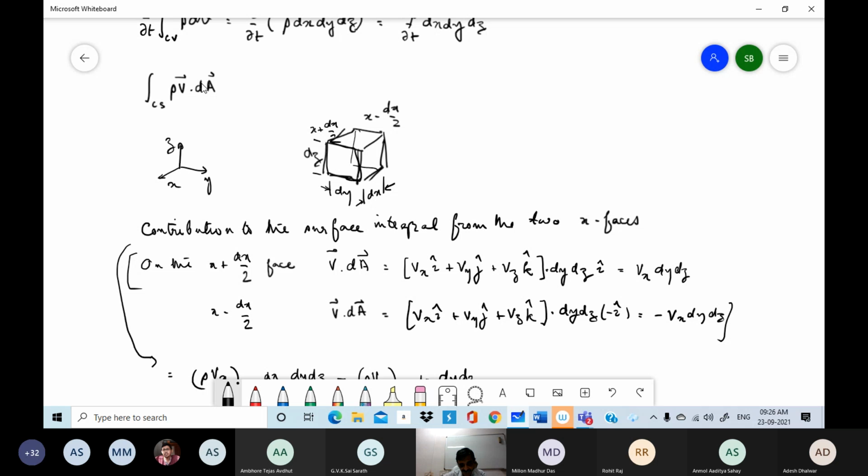So in evaluating the contribution to this integral from the two x faces, I take into account the sign of the v dot dA, and then for this surface, I have to take the values of rho and v at x plus dx by 2, and at this surface, I have to take the value at x minus dx by 2.